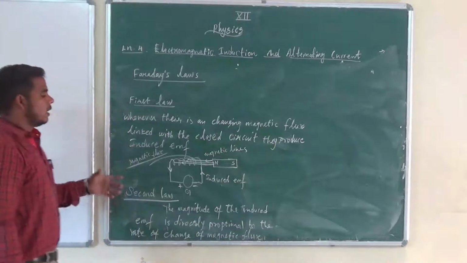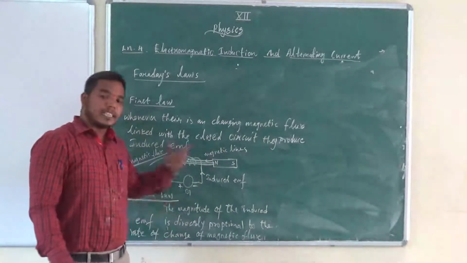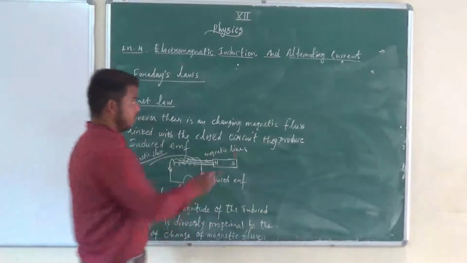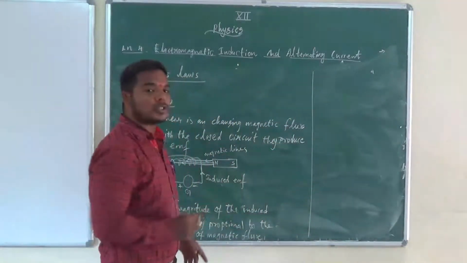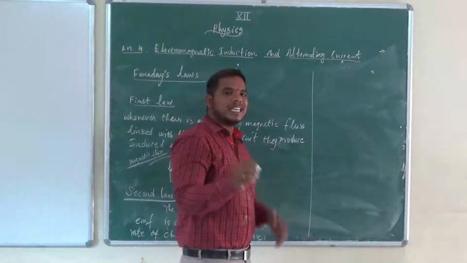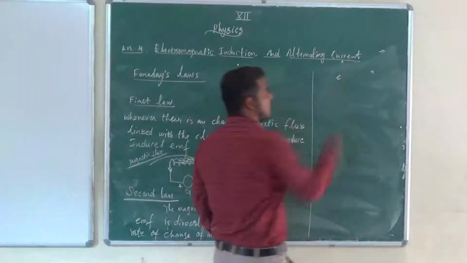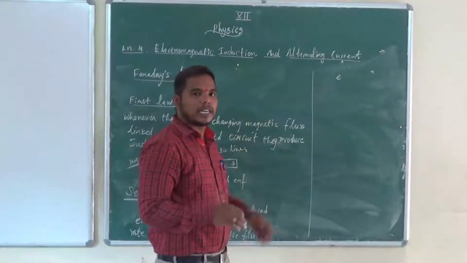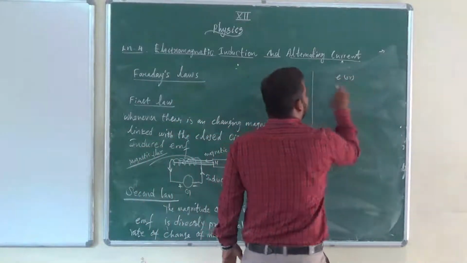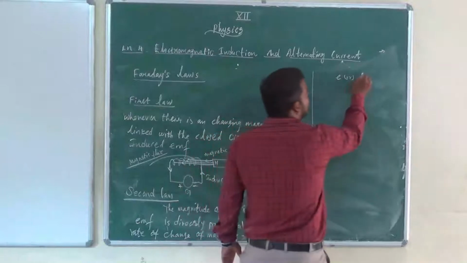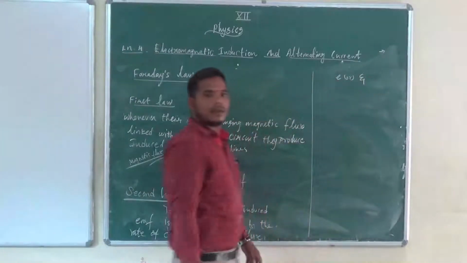So we can write the mathematical expression for this. The magnitude of the induced EMF: in the previous year the EMF symbol was E, but in the new book they changed the symbol, represented by small e, otherwise psi.